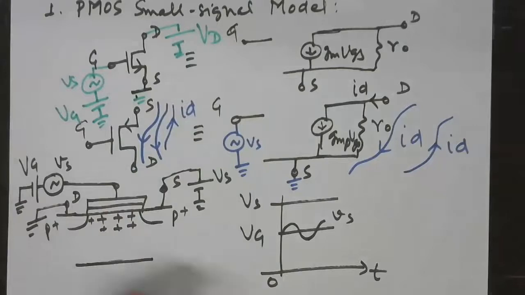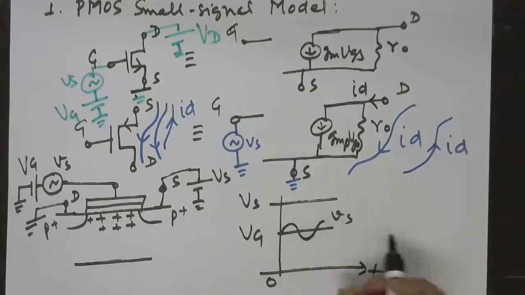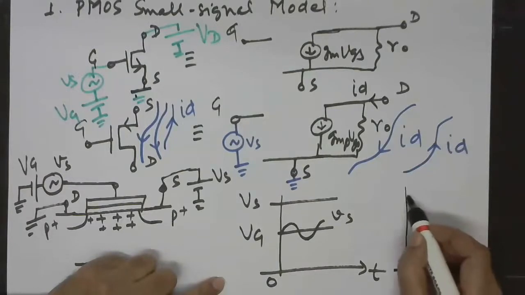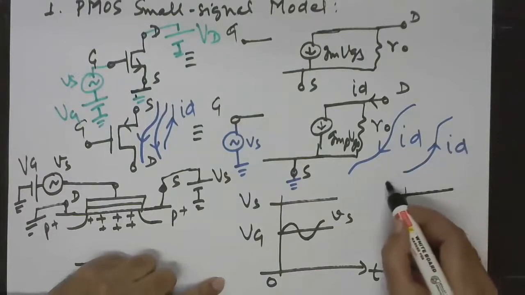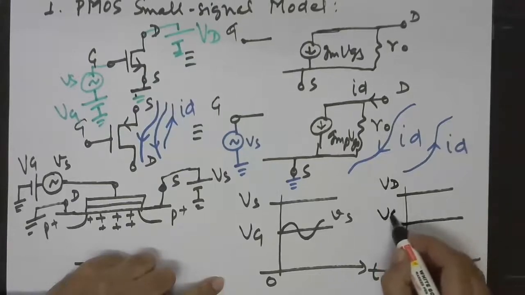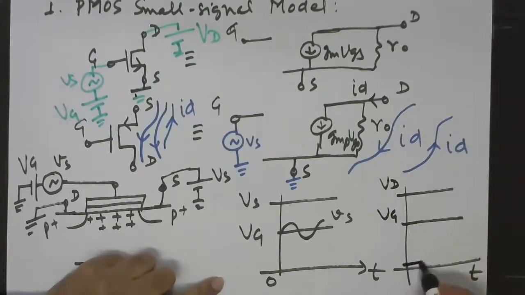So in this case, this plot is going to be different. In this case, VD is going to be at the top, VG is going to be here, and VS is going to be here. In fact, at the zero level, this is VS.